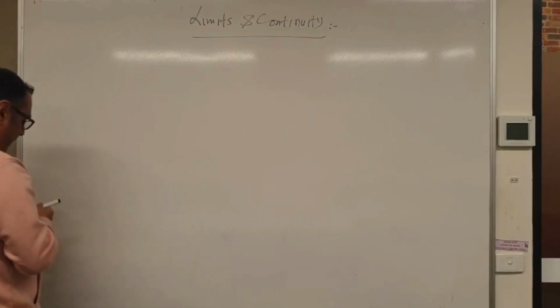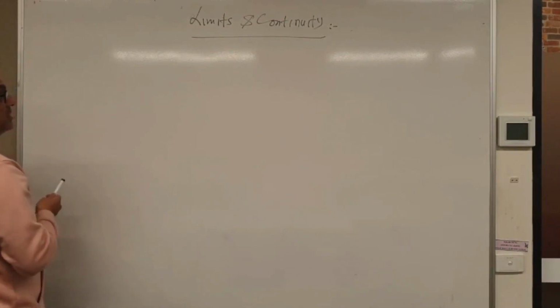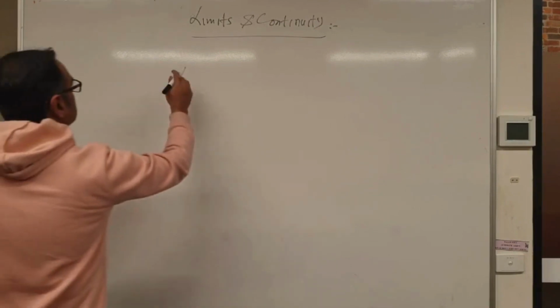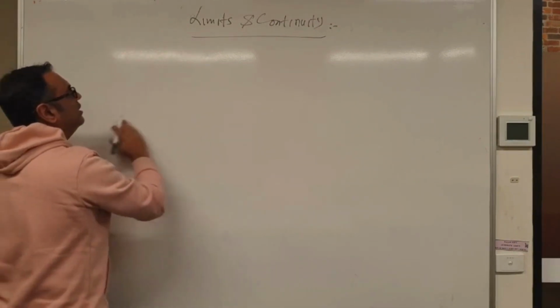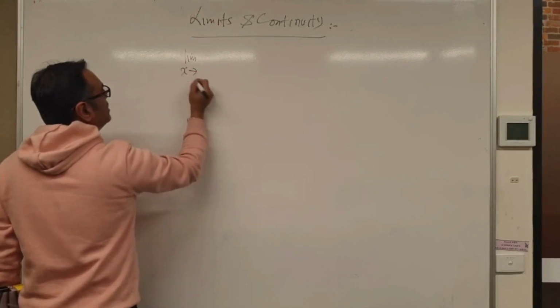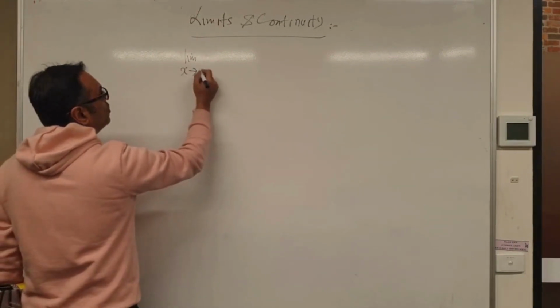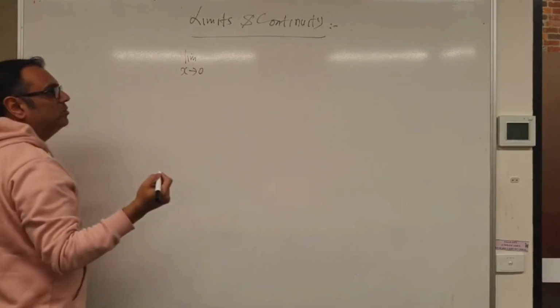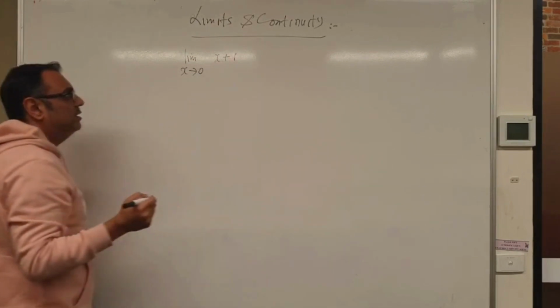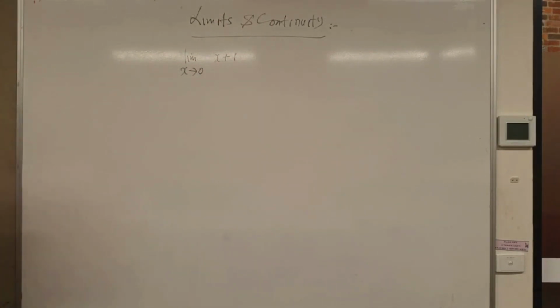We'll extend the concept of limits from last time. So what did we learn last time? If I say limit x tends to 0 of x plus 1, find me the limit of this function when x tends to 0.